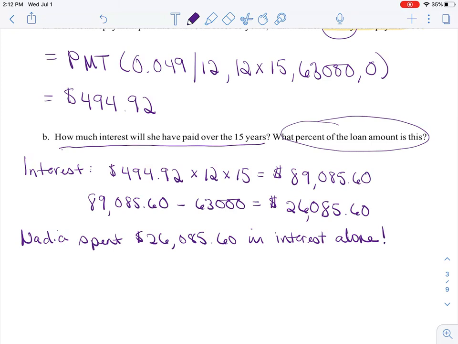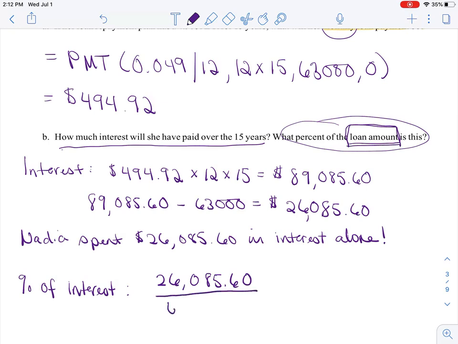All right, so the percent of interest, well, your part is 26,085.60. And it said what percent of the loan amount. That gives it away to know what your denominator is. So it's divided by your loan amount.